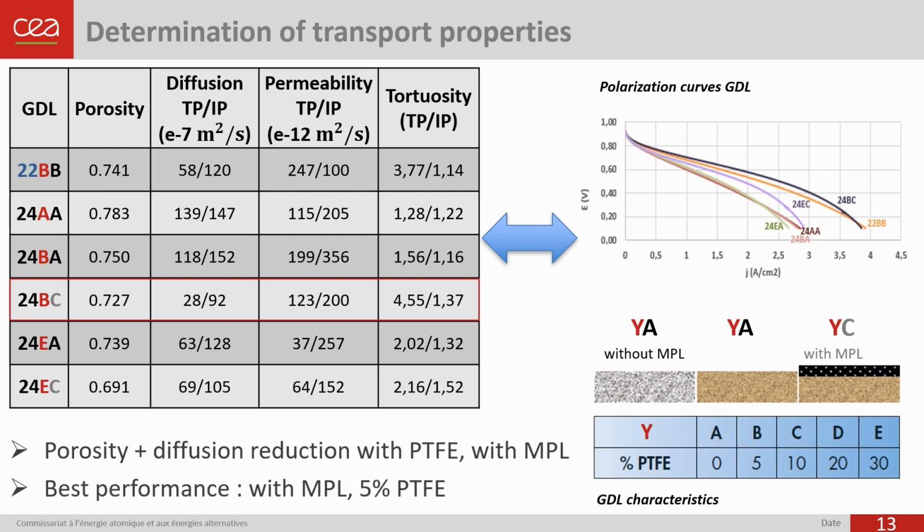It is interesting to see that when the PTFE increases, there is a diminution of some transport properties because between 24AA, 24BA, and 24EA, the PTFE amount increases from 0% to 5% to 30%, and we can see that the porosity is reduced, the diffusion is reduced, and also the tortuosity is higher.